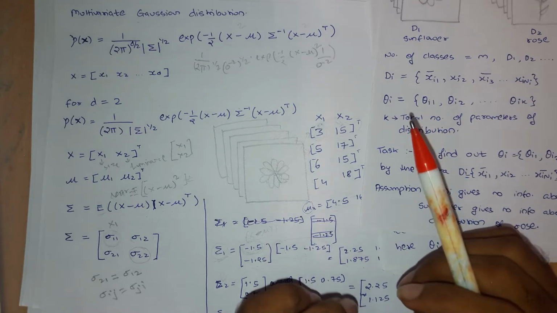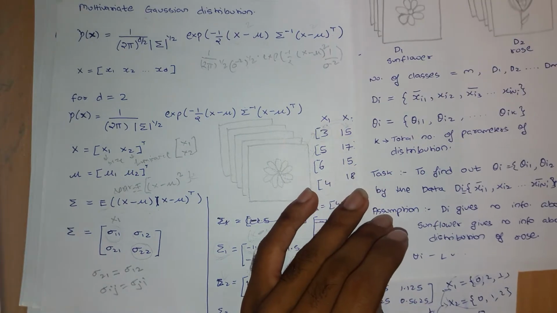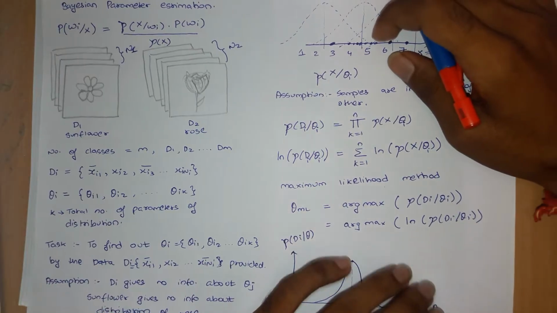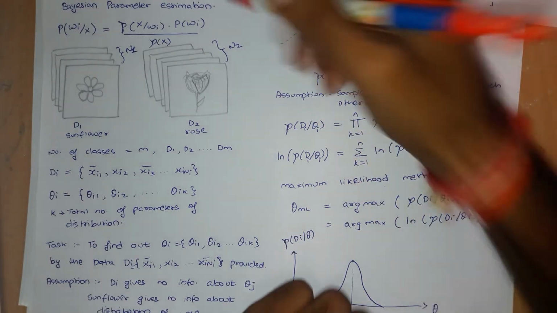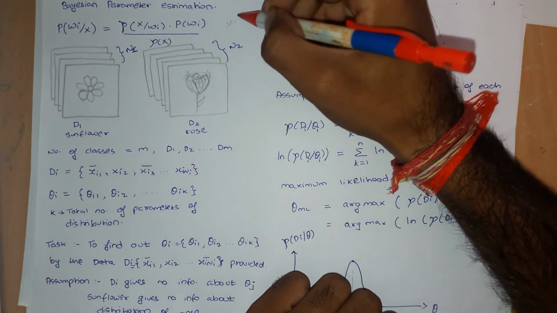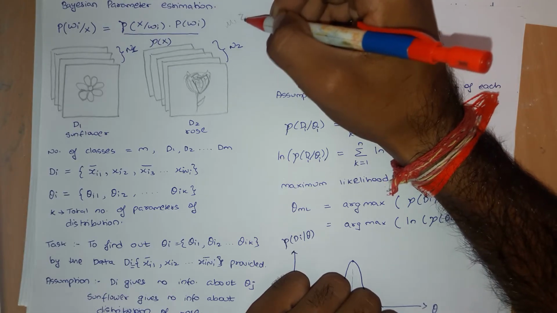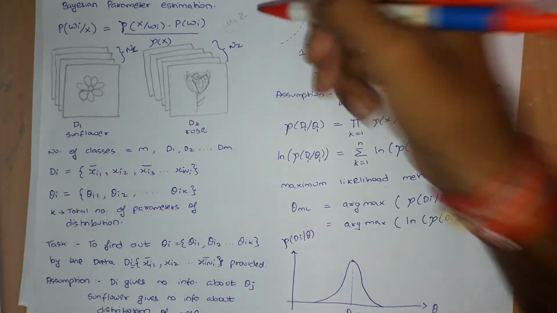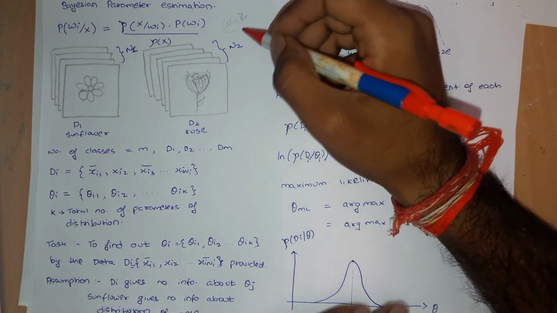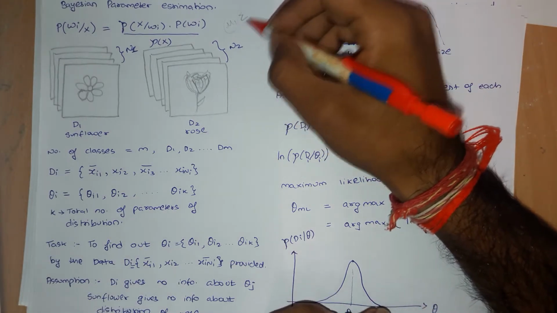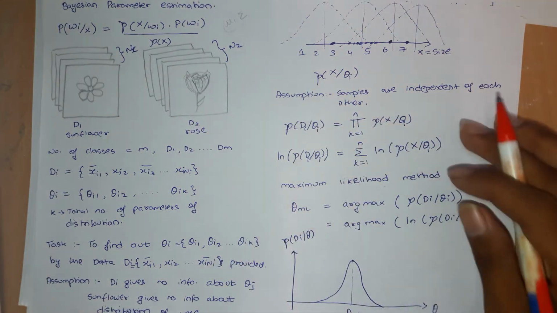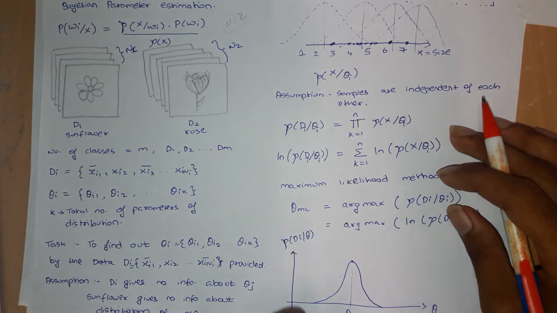So now our task is to find out the parameters. For the Gaussian distribution it is going to be mu and sigma, or the mean and covariance matrix, or variance for a univariate case. So we have to find these from the data.